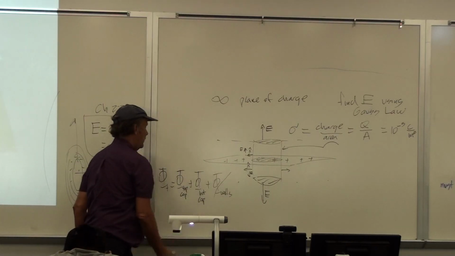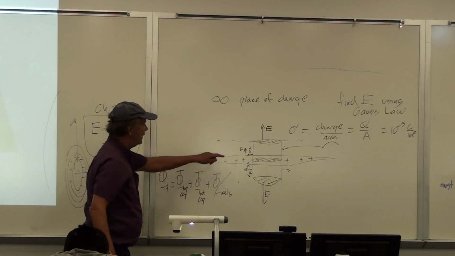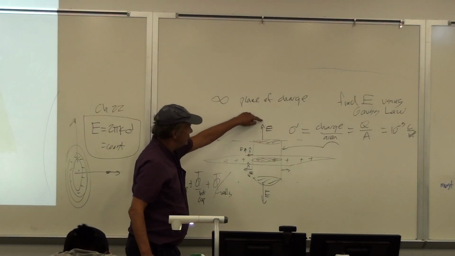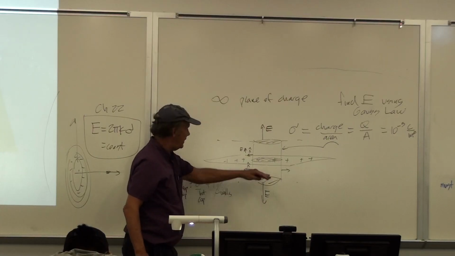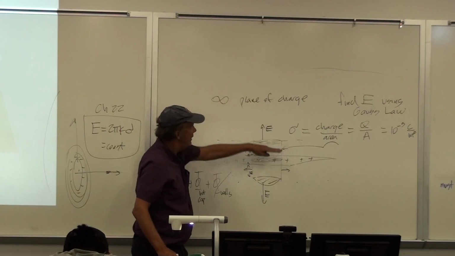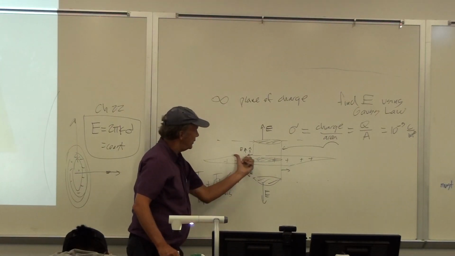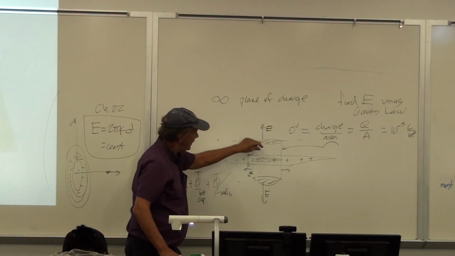So this is gone. But these two should have the same value because you have an equal number of electric field lines escaping this way as that way, but none can escape that way because they're all moving away from this charge. There's no component of the electric field that goes that way.